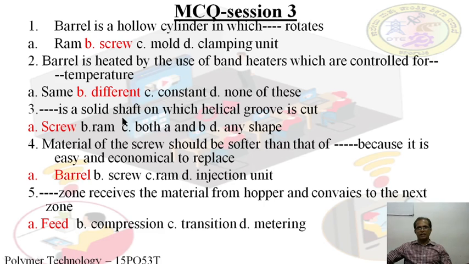Screw is a solid shaft on which helical groove is cut. Question number 4. Material of screw should be softer than that of dash because it is easy and economical to replace. Screw is a very costly part of the machine.